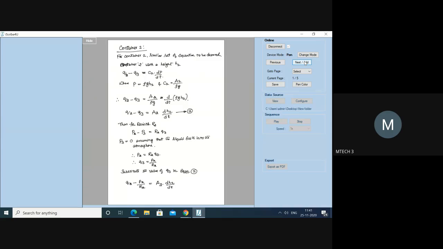Clear? Right. Now, I want H2 to come in place of P2. I want P2 to be expressed in the form of H2. What should I do? Rho G H2. Very good. Okay, next page.